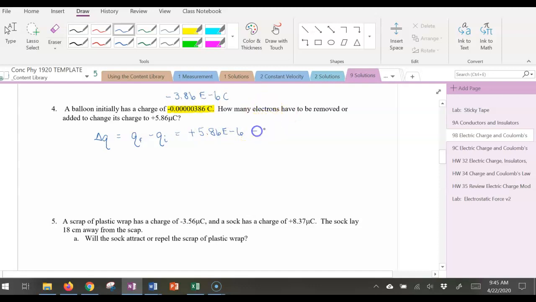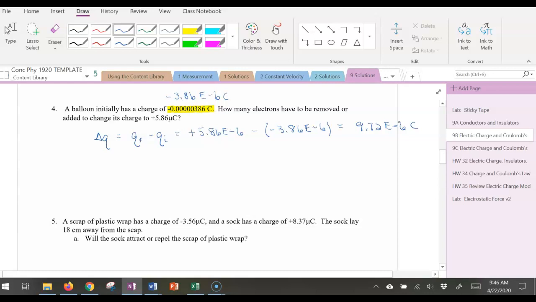Then I'm going to subtract the initial charge, which is a negative 3.86 e to the negative 6 coulombs. And so I get that the change is 9.72 times 10 to the negative 6 coulombs.